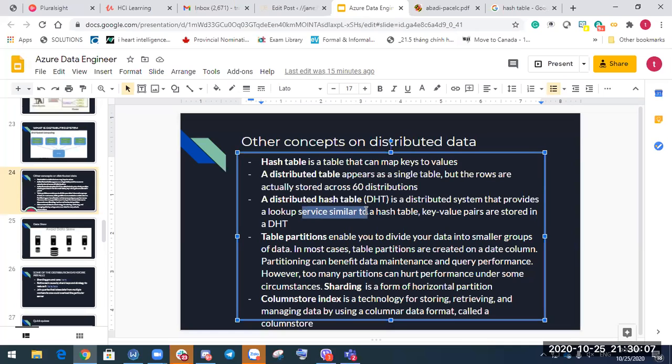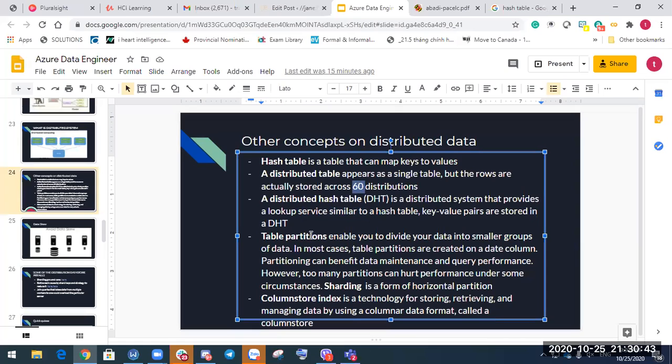You understand that a distributed system is multiple servers that act like one and use the strength of a cluster to solve problems while appearing as one server. It's a similar concept for the distributed table: it appears as a single table, but the rows are actually stored across distributions. The 60 here is actually the Azure way. Normally you don't have a set number of 60.